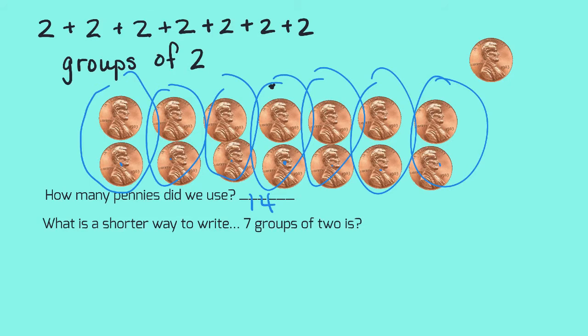Try and write this on your paper. So we've got 7. Remember, mathematicians use a little x to represent groups of 2 equals 14. 7 groups of 2 equals 14.